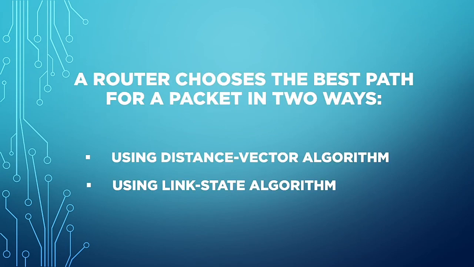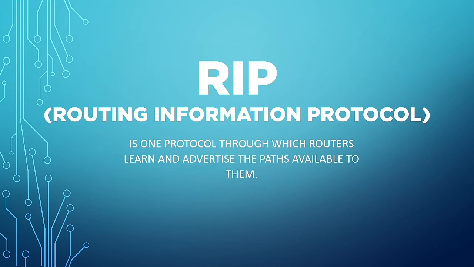A router chooses the best path for a packet in two ways. Using the distance vector algorithm, the router calculates the cost of a particular route based on factors such as the number of routers between the two networks, just like hop count. Using the link state algorithm, the router relies on the speed of the links between networks to determine the lowest cost path.